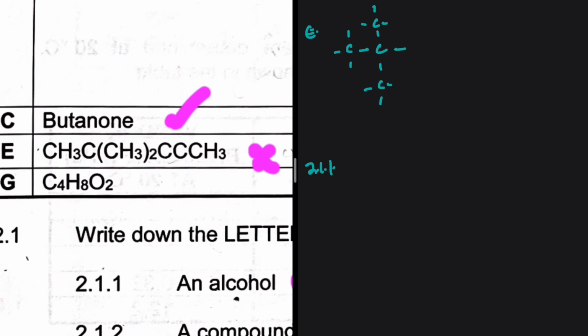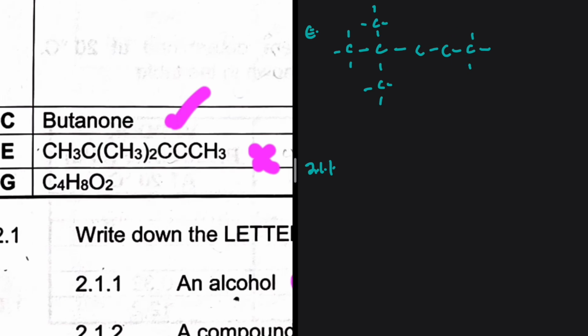And then as we proceed, we have a carbon followed by 3 carbons, right? So let's say 1, 2, and then the third carbon has 3 hydrogens, so that is 1, 2, 3. But as we look at these 2 carbons, we need 4 bonds, right? Because we know that a carbon is supposed to accommodate 4 bonds.